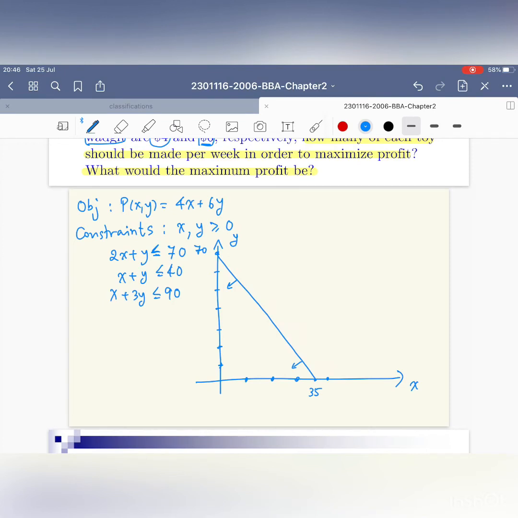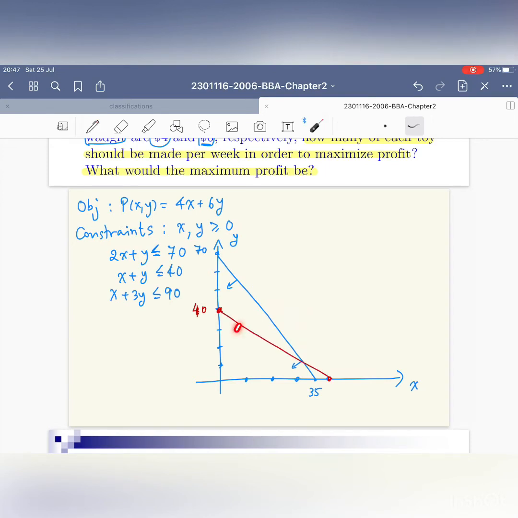And for the second one, if your x is 0, your y is 40. So 1, 2, 3, 4. So it's right here. Let me use the red one, 40. By the same token, if your y is 0, your x is 40 as well. So let me use this one, and it is this.